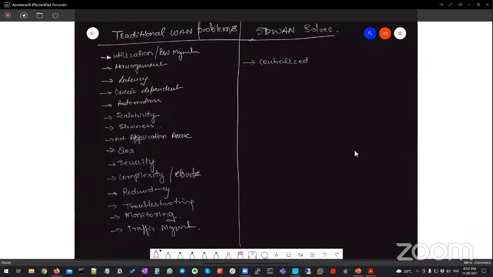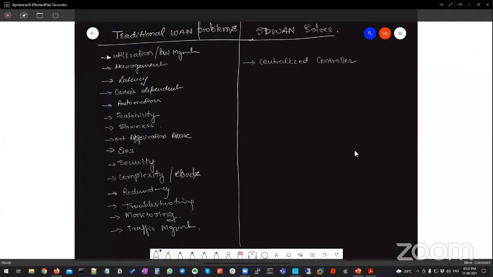Whatever SD-WAN edge devices you add at any of your branches or headquarters, you can manage them from a single point of access, a single point of management controller. So you don't need to log into all the sites, different routers. You can manage it from a centralized controller.